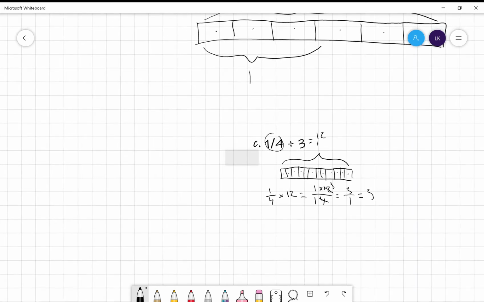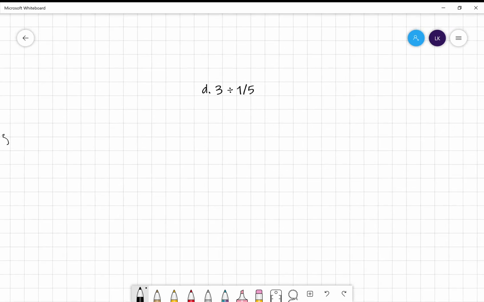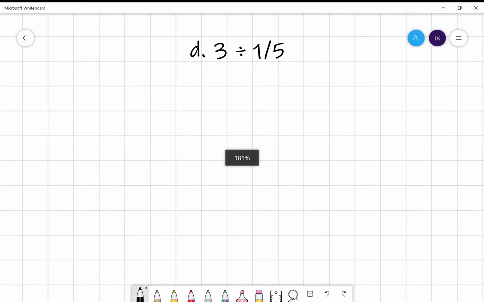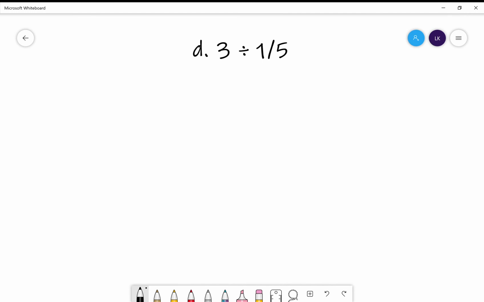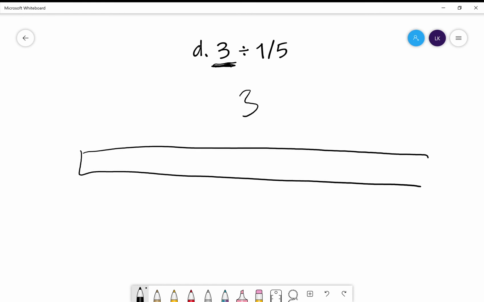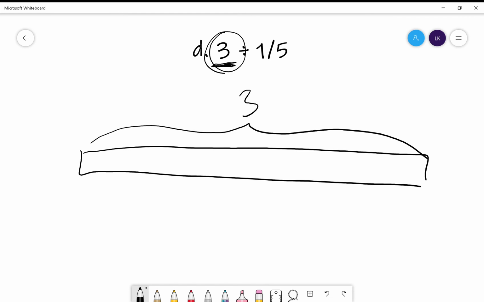All right. Now, let's take a look at this. Our first number is 3, so our tape diagram is going to be at a total of 3. I'm going to take my tape diagram first, because this is equal to 3 wholes, because we're dealing with the whole number to begin with.